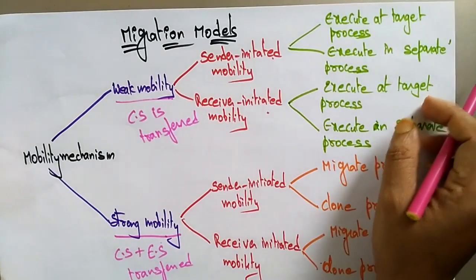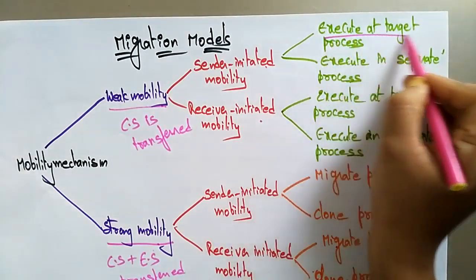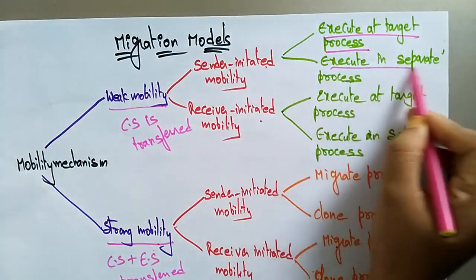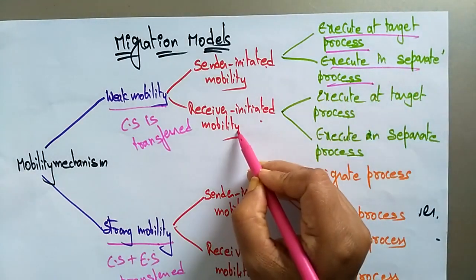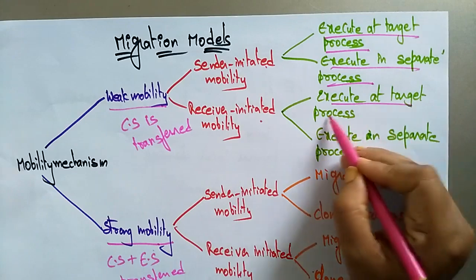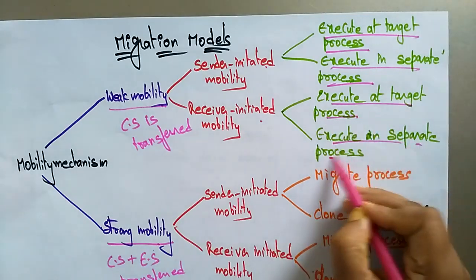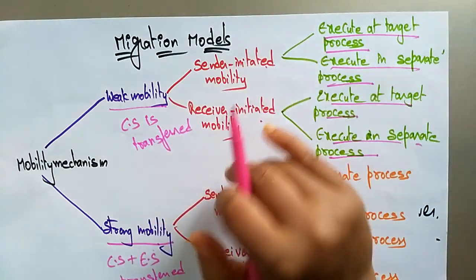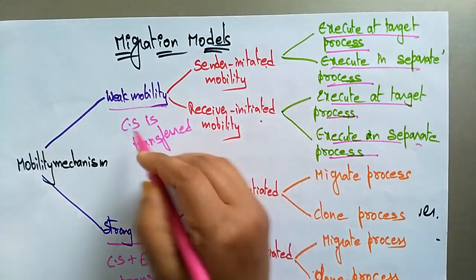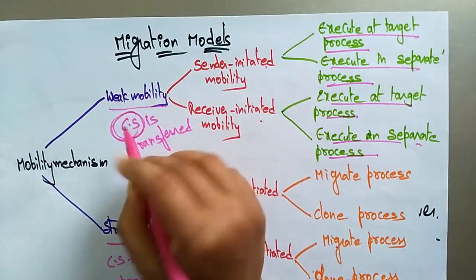If it is sender initiated, the weak mobility executes the target process in a separate process. If it is receiver initiated, it also executes the target process in a separate process. Both sender and receiver behave this way because only the code segment is transferred.